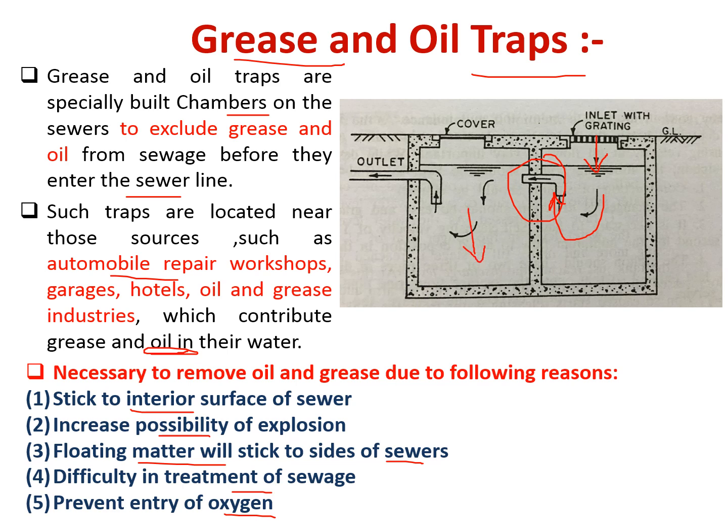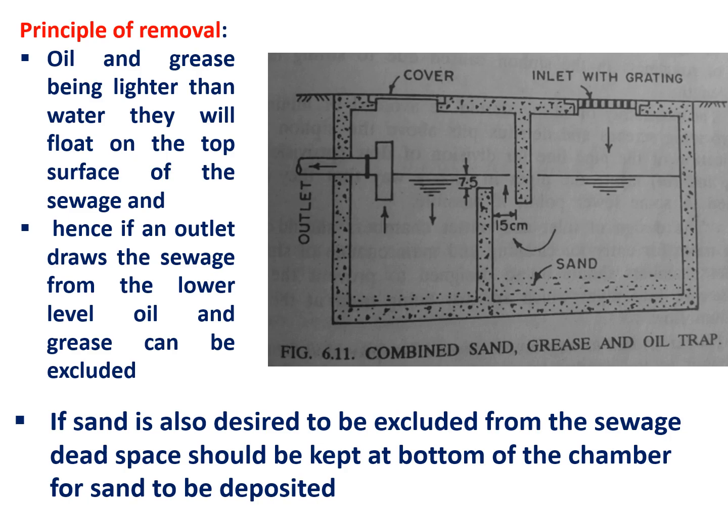So here in the next chamber, again such kind of hood is provided, and again the remaining oil and grease will float on the second chamber, and ultimately at both the stages this oil and grease will be trapped, and that will be cleaned at periodical interval, and we are avoiding this oil and grease in the subsequent.